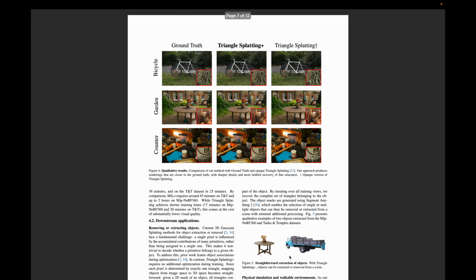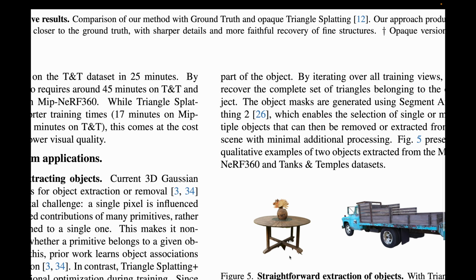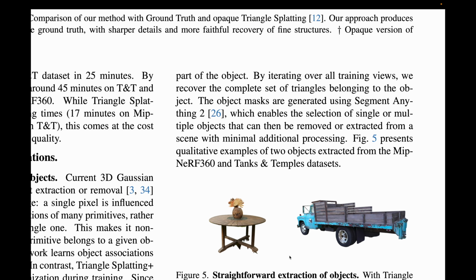What is great with this approach is that a given pixel will be affected by only one triangle, okay? A pixel will hit a triangle, and that's it. With Gaussian splatting or with triangle splatting, a pixel will be affected by many triangles and many Gaussians because they are semi-transparent.